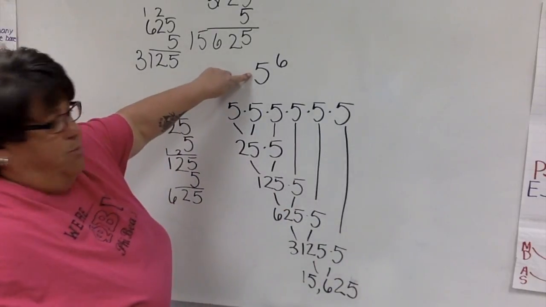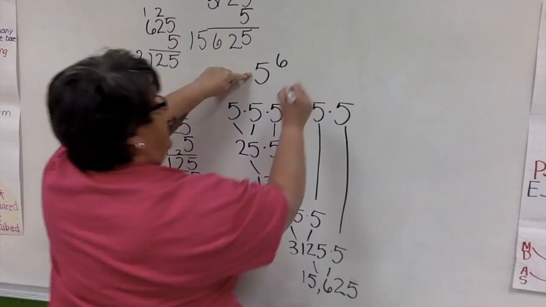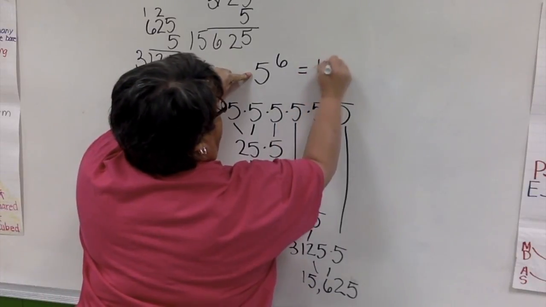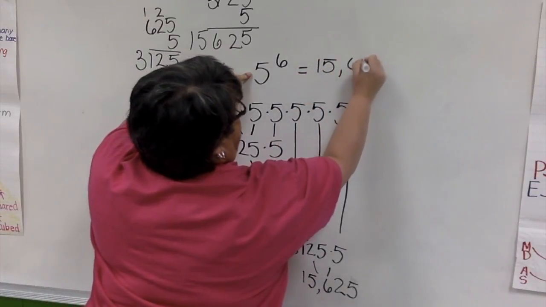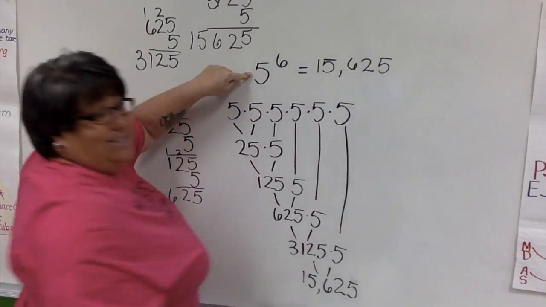So 5 to the power of 6 is equal to 15,625. That's a lot different than 30.